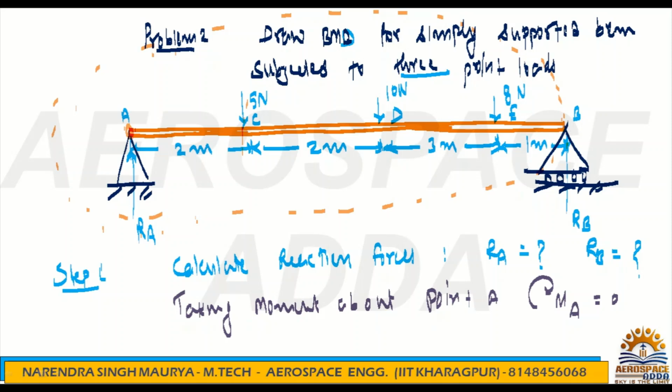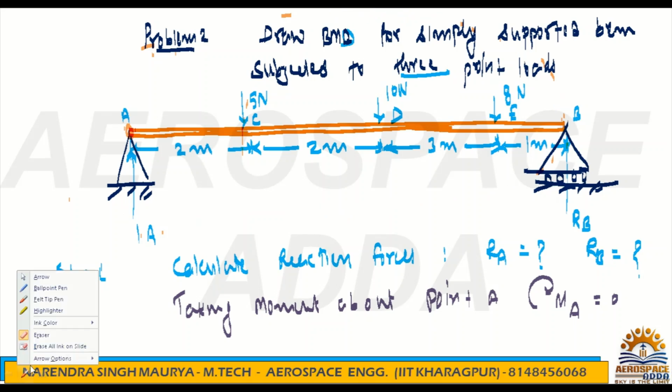Now the direction of this RB will be an anti-clockwise moment about point A. Hope you understood this clockwise and anti-clockwise, how to take it. So RB will give the anti-clockwise moment, and the rest of the forces will have a clockwise moment about point A.